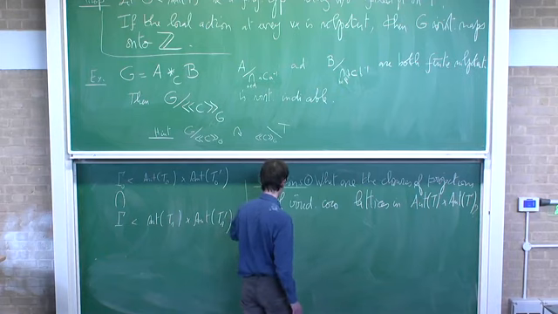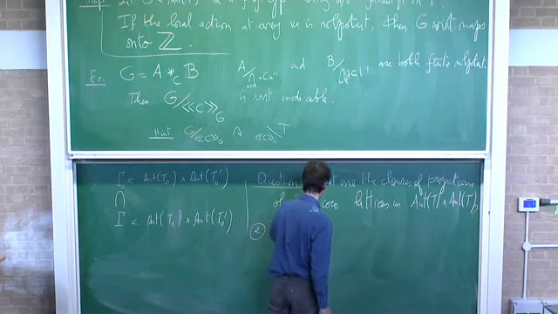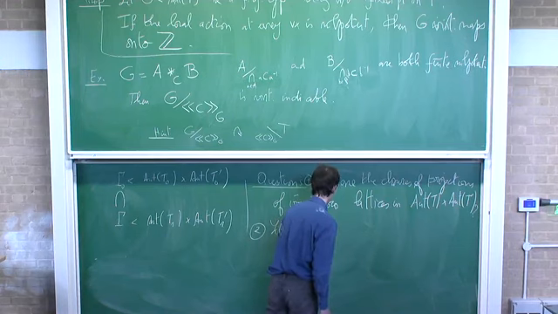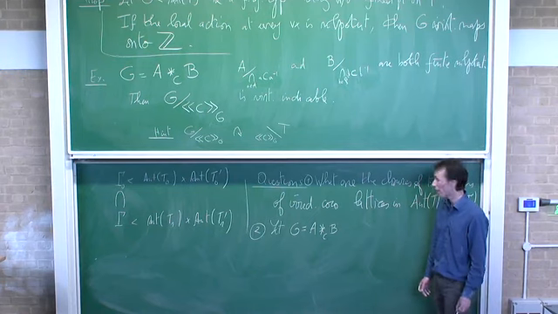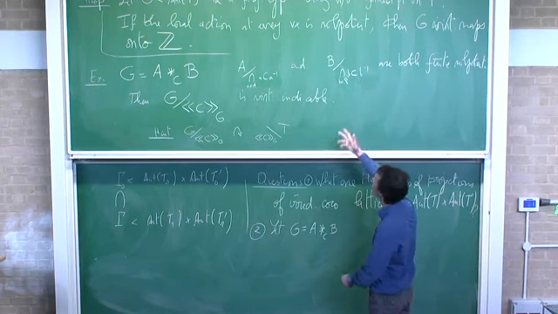So let G just be an amalgam, with locally finite.